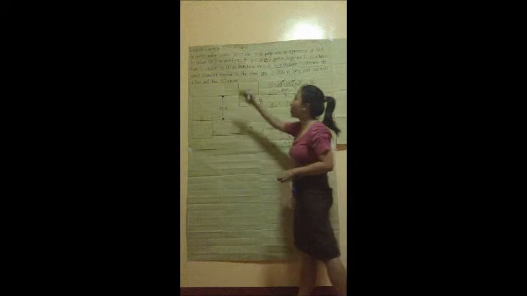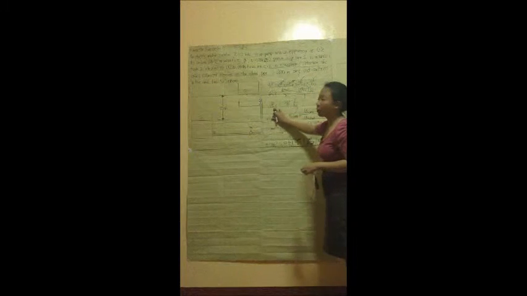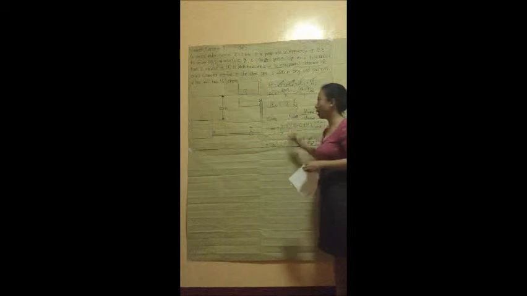Note that I used SI units in solving the problem since we are given SI units in the problem. So now I got the value for the change in potential energy as 981 joules per kilogram.